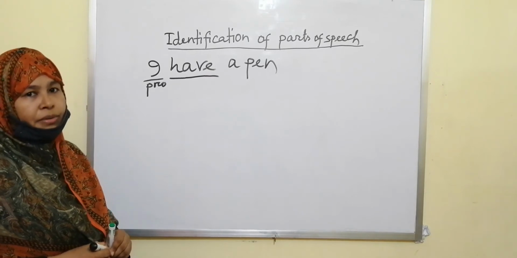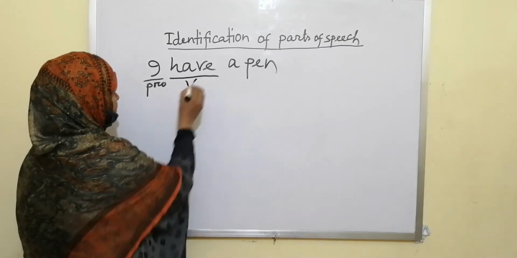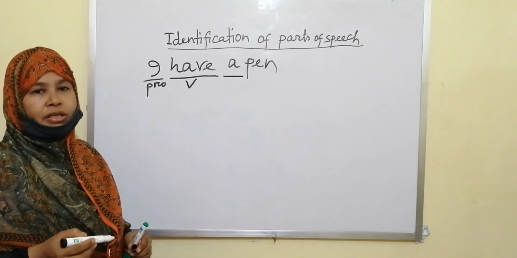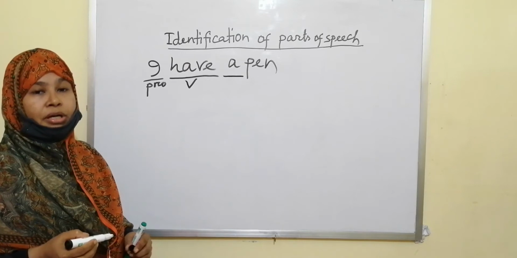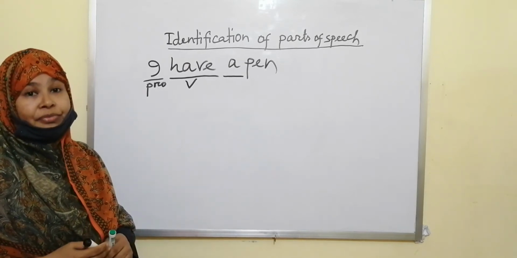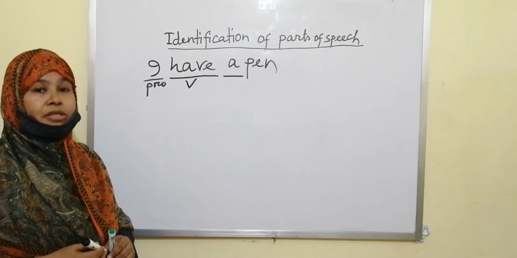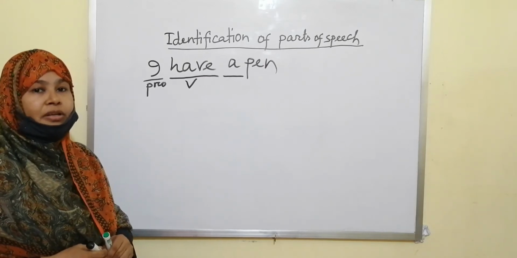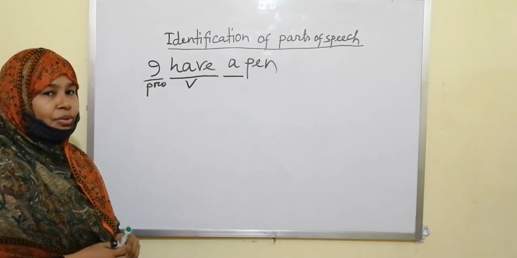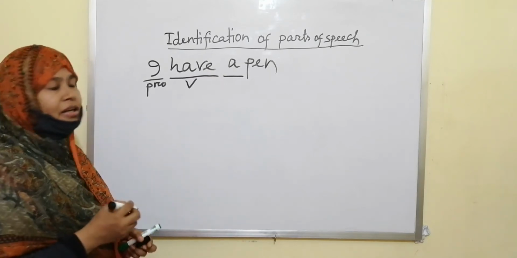So, have is verb here. Then, a. You know that a and the are articles, but we do not identify article from the sentence. We identify parts of speech from the sentence. So students, a and the are used as adjectives. So a here is adjective.